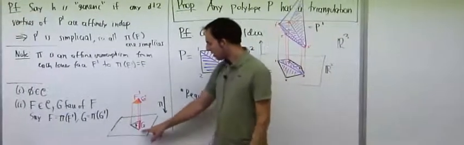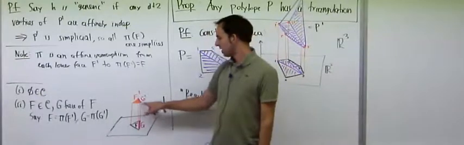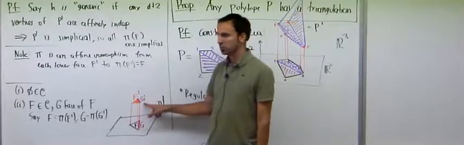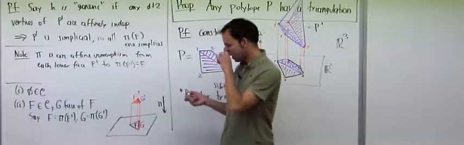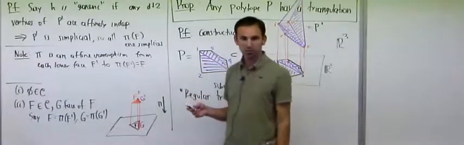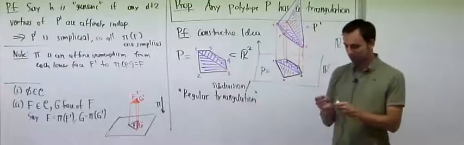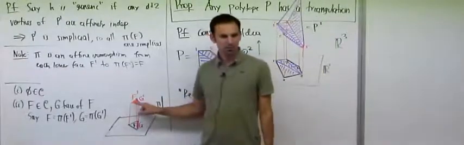So how do I know that G is in the complex? Well, I need to check that G prime is a lower face, right? Because those are the only guys that land in the complex, the projections of lower faces. So why is G a lower face? Let me just say it in words. We know that F prime is a lower face, right?